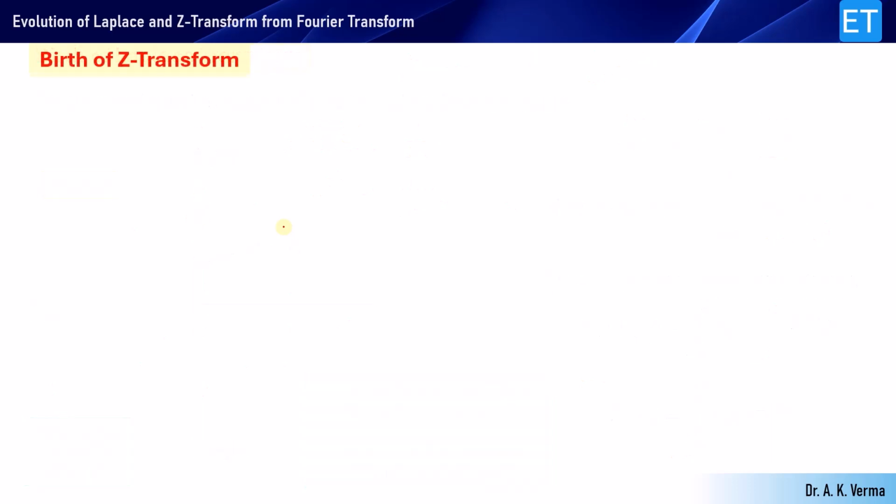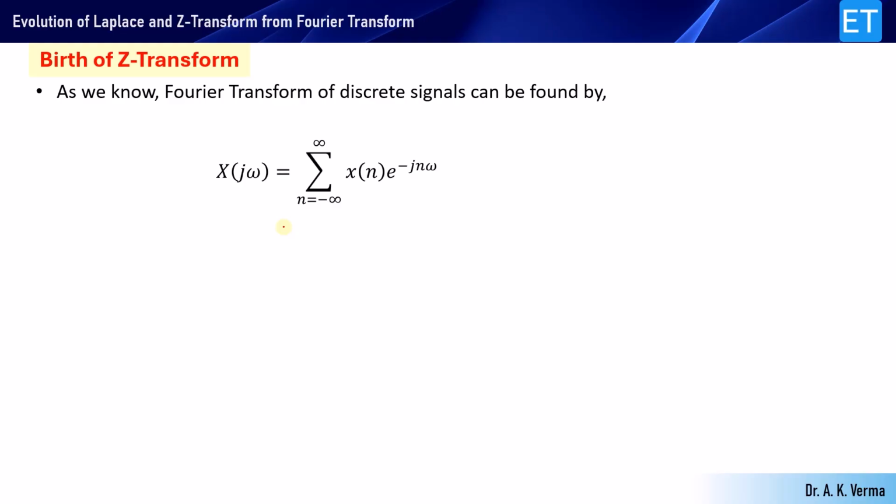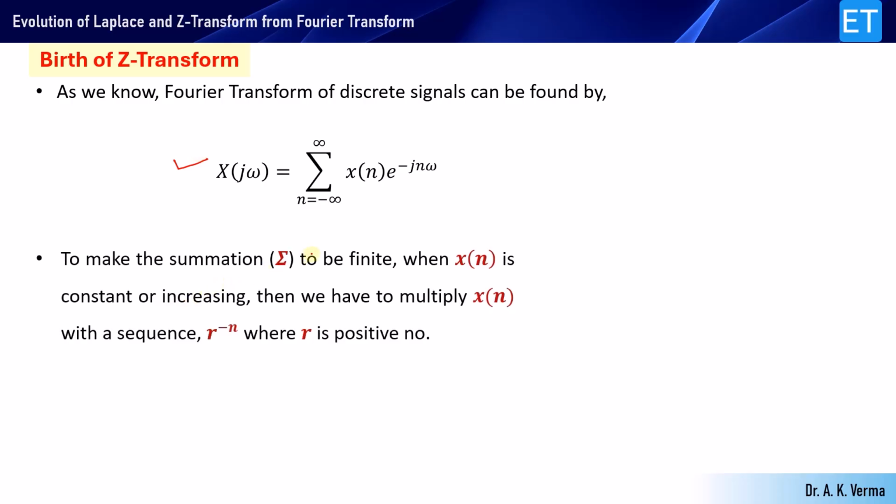Now let's see the birth of the Z-transform. As we know, the Z-transform formula is given by this. To make the summation finite, when x(n) is multiplied with a sequence, let's say r power minus n, it is exponentially decreasing because r is positive.